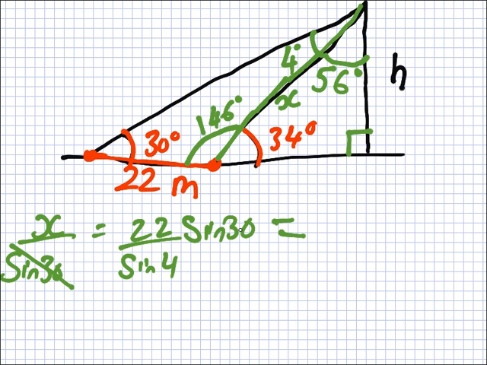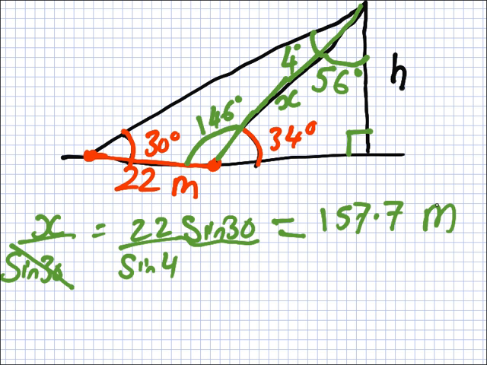Is it 22 over sine 30? No. It's 22 times sine 30 all over sine 4. It's 157 point something. Is it really that big? Where is your sine 4? You're just typing 4. It's 157.7.